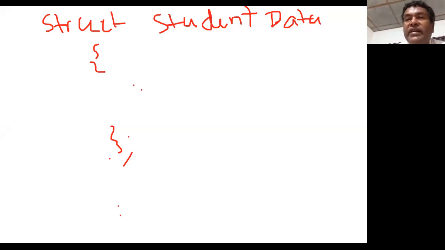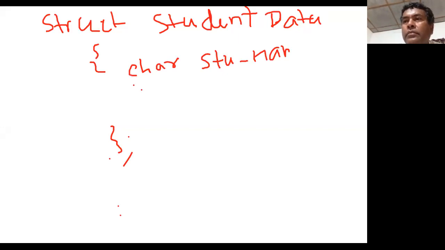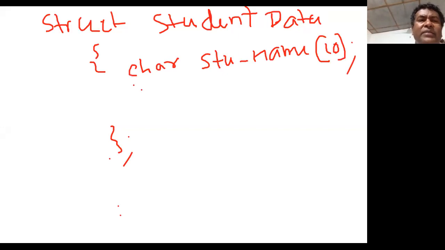Okay, what is there? We have character. I make it STU name. I put some value, say 10, semicolon. So many things are there, but I am not going for all. Next, I can put int student ID.